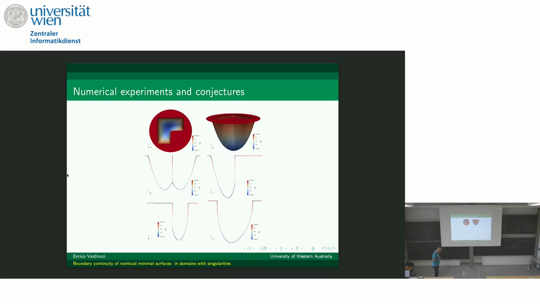Let me say that this is an interesting cultural difference between us and people working in numerics. Right? For us, the simplest possibility was to consider a smooth domain and then do calculations with that. But if you do numerics, well, squares and corners are the natural thing to look at, right?